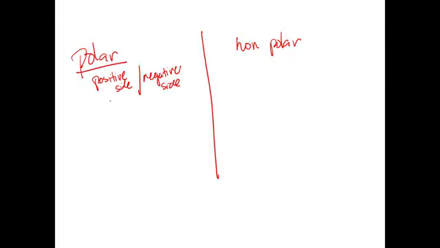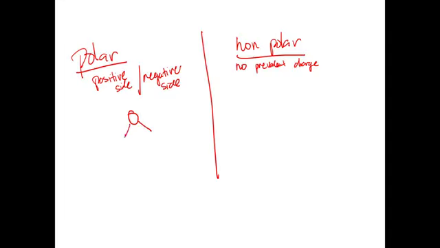The molecule has a positive side and a negative side. While non-polar, there is no prevalent charge. Okay? Meaning the whole structure of that molecule is neutral, while a structure of a polar molecule has a positive and negative side.